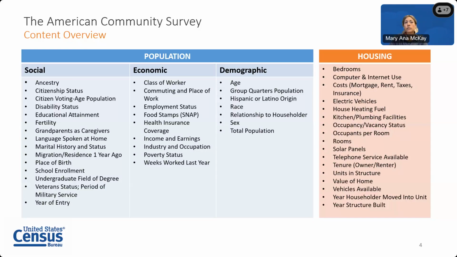Housing characteristics include topics such as computer and internet use, housing costs, and new topics that were added in 2025 include electric vehicles, solar panels, and public sewer connectivity. Data for these 3 new topics are planned to be released in 2026. So these topics are used to produce more than 1,000 tables for local communities each year.